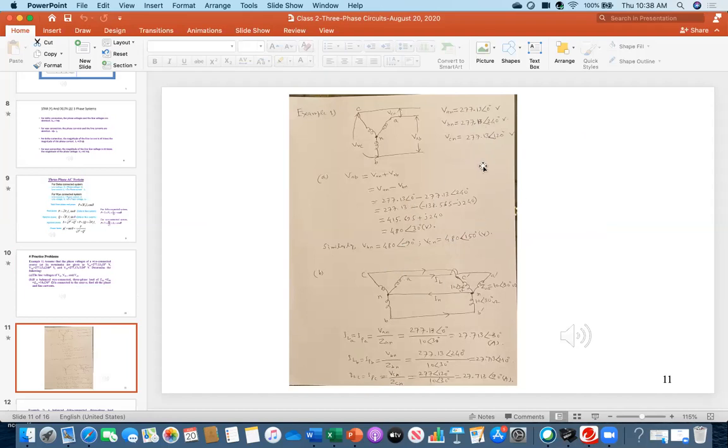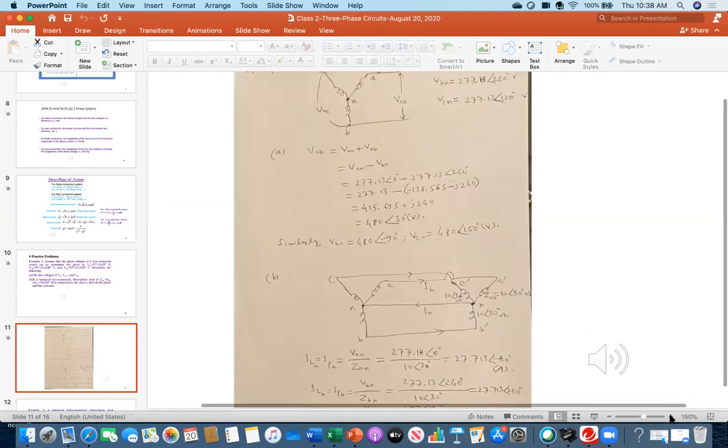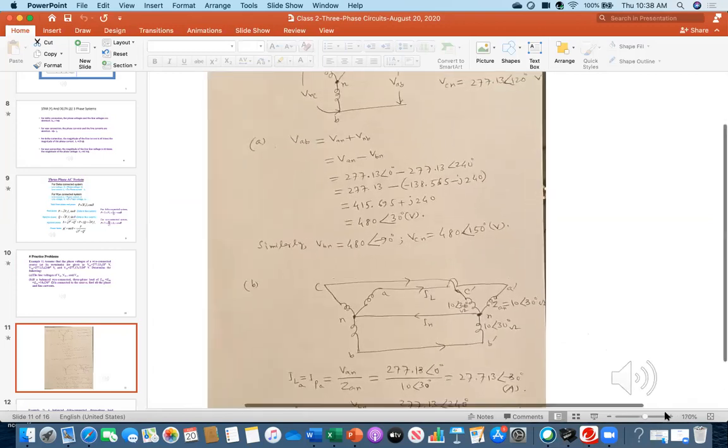But could you zoom in? It's just hard to read the writing when it's so small. Maybe with the slider zoom while you're talking about a section. Oh, okay. Just a moment. Is it better now?